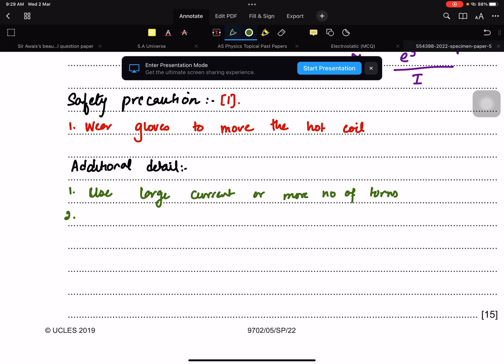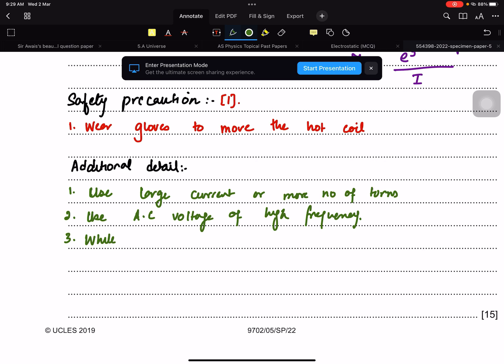So always make sure that this is something there. Then you could also use AC voltage of high frequency, because the greater the frequency, the smaller the time, the flux change is going to be rapid, which means you will get higher value of EMF that reduces the uncertainty.